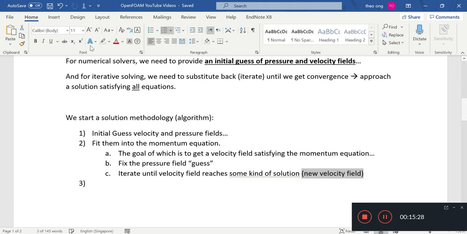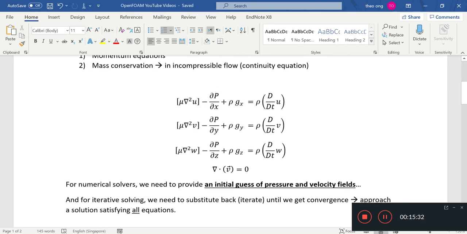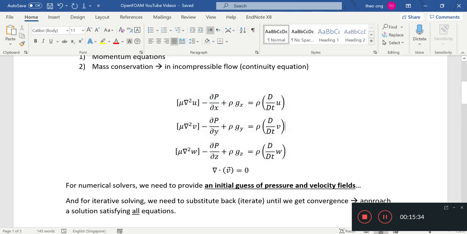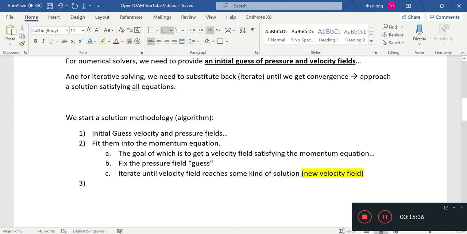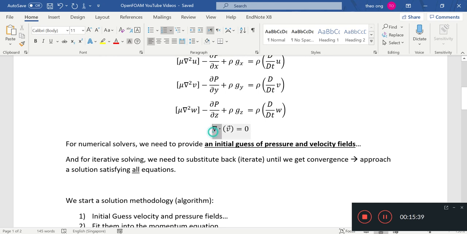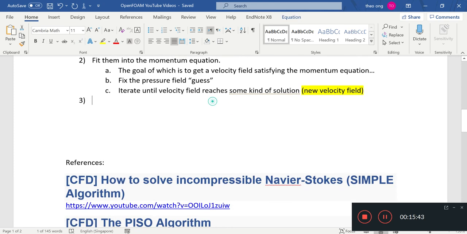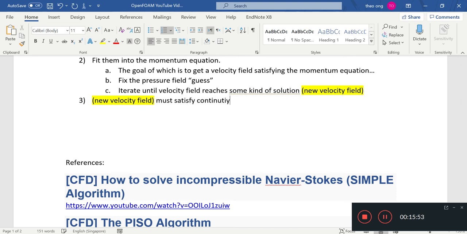Alright, so this is very important. We have a new velocity field that comes from here, and then of course we want that velocity field to satisfy this equation, which is the continuity equation. So the new velocity field must satisfy continuity.